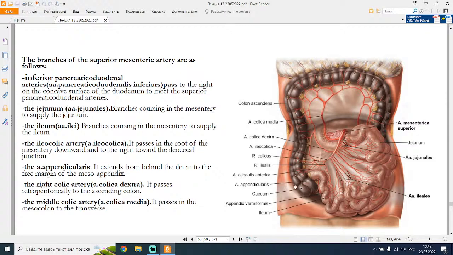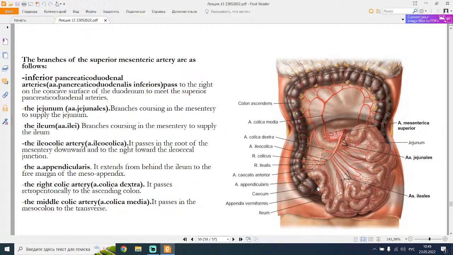Next, artery ileocolica. It passes in the root of the mesentery downward and to the right towards the ileocecal junction. Next, arteria appendicularis.